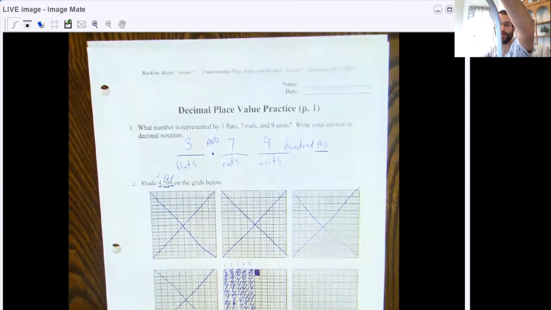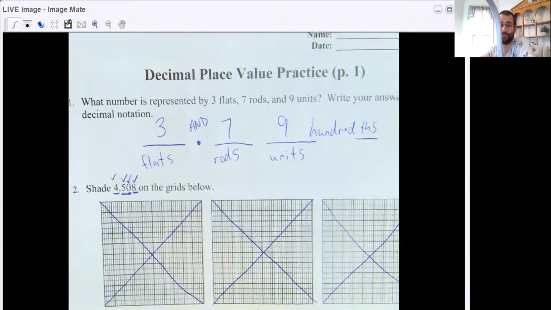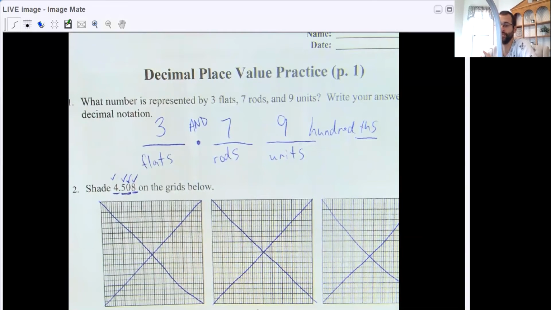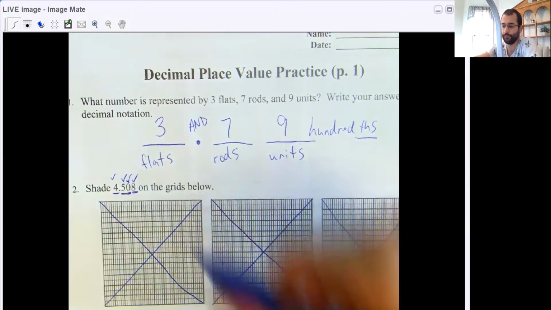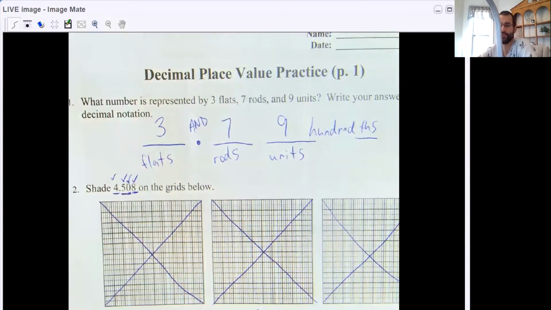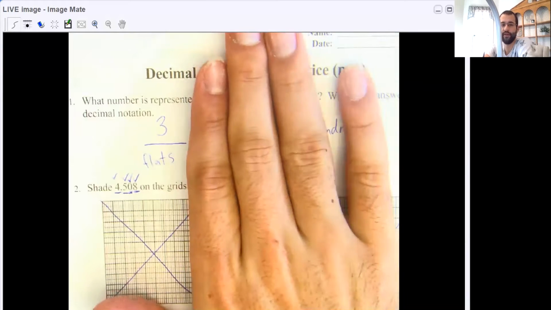Now, let's talk about that for a second, because being able to say this properly is really important when your teacher calls on you. So if you want to say it the mathematically correct way, you could say 3.79. That is correct. But if you want to impress your teacher, impress your parents, impress your friends, you're going to say it this way. You're going to say whatever's in front of the decimal.